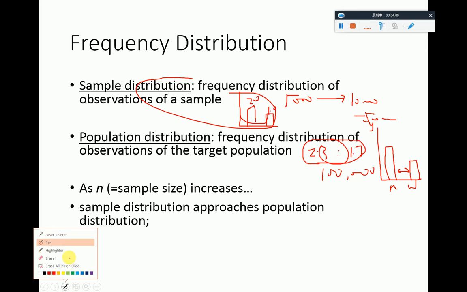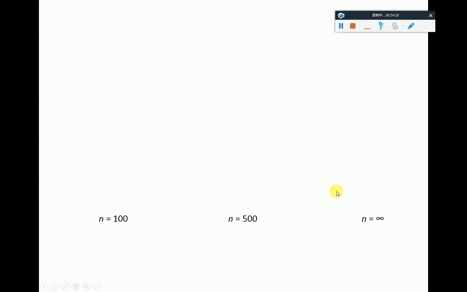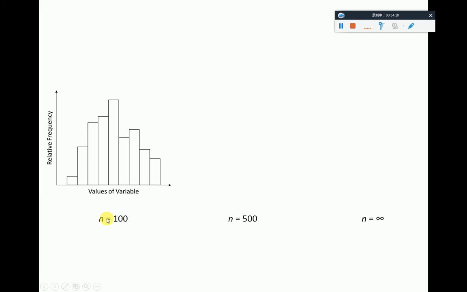Another property is that the sample histogram, representing the sample distribution, will become more and more like a smooth curve. We can easily imagine how this happens. For 100 people, imagine we have 100 bins in this histogram. We can still see the exact shape of these bins because there are only a limited amount of them.